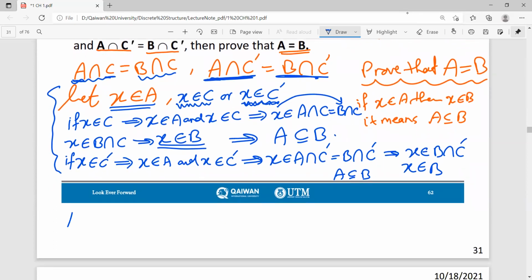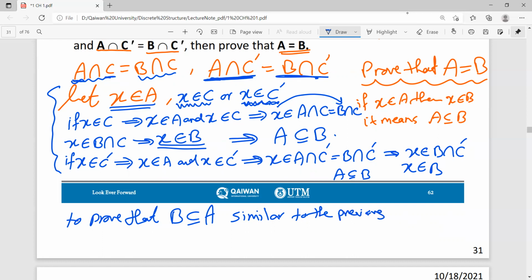So, to prove that B is a subset of A, similarly to the previous one. You get that?